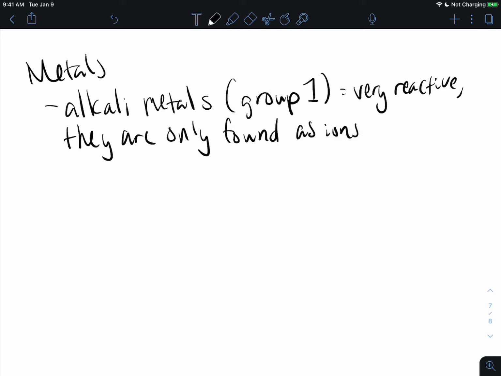So they are not going to be found in what's considered the elemental form. So they're not going to be metallic in nature. They have been isolated and put under oil to keep them in their elemental form. But in nature, they're always going to be as an ion. And it's going to be a +1 ion. So they always form a +1 ion in a compound.